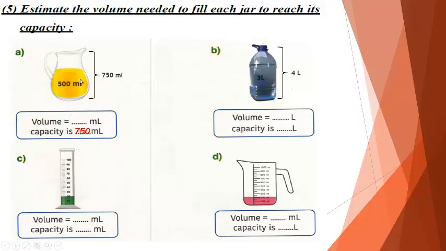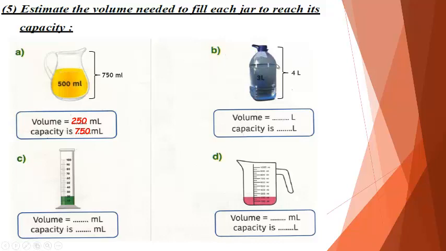Of course, I'm going to find that it's equal to 250. Let's make sure. If this is 500 and this is 250, it will equal 750 because 500 plus 250 equals 750.